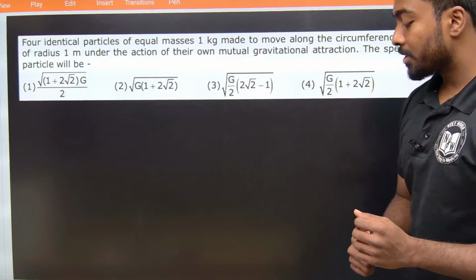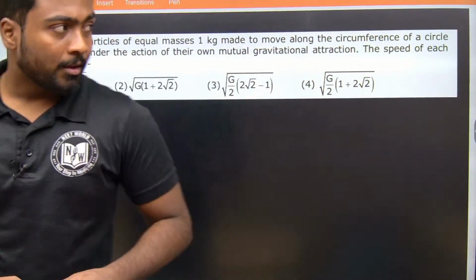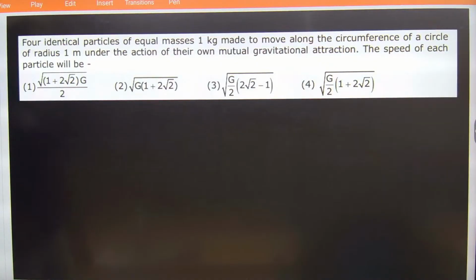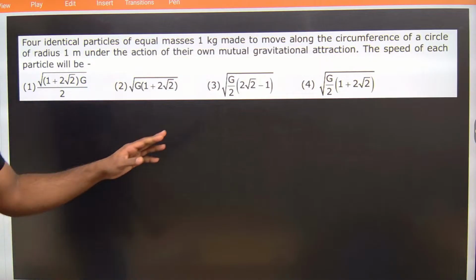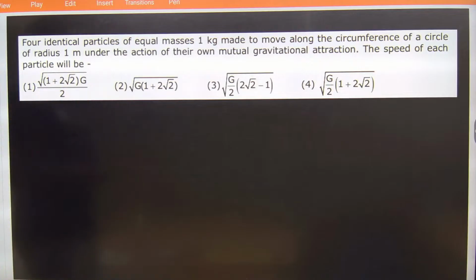So the first question of today's session is: four identical particles of equal mass of 1 kg are made to move along the circumference of a circle of radius 1 meter under the action of their own mutual gravitational attraction. The speed of each particle will be?